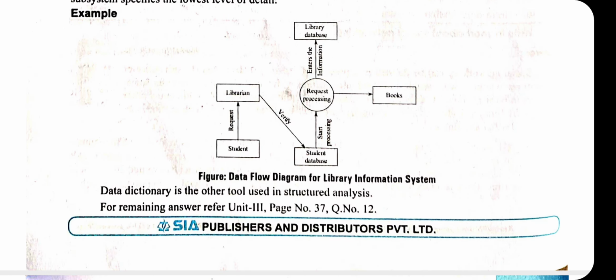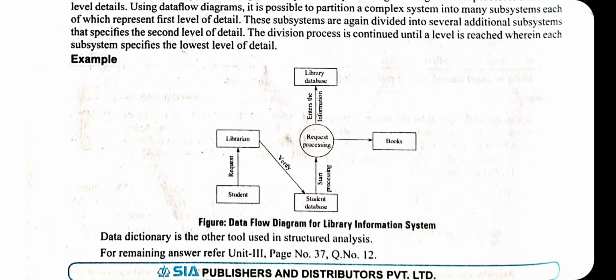Here we have the example of the library, whereas here it is explained by the example of the data flow diagram of a library information system. What do you mean? When we take a book from the library, at that time it accepts the data from the user based on the student request.